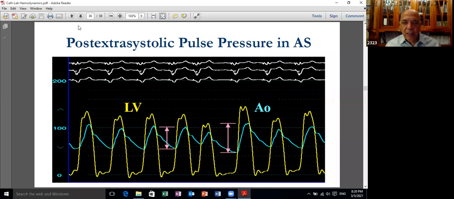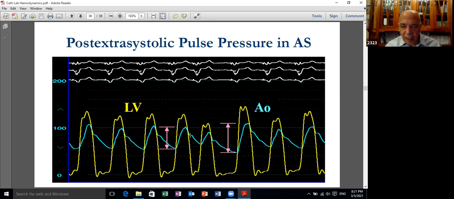Now, this is the situation of valvular aortic stenosis. As you see, wherever you are with the left ventricular catheter, there is always a gradient between the left ventricle and the aorta. Left ventricle here is in yellow, aorta is in green. And after a PVC, you get an exaggeration of the gradient. But look at the pulse wave, it's exaggerated.